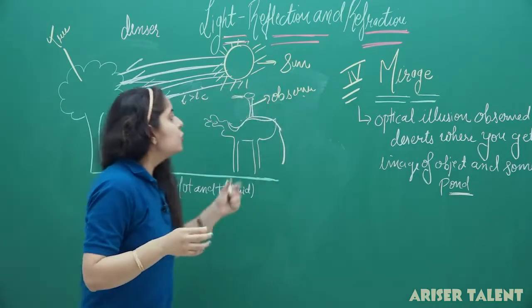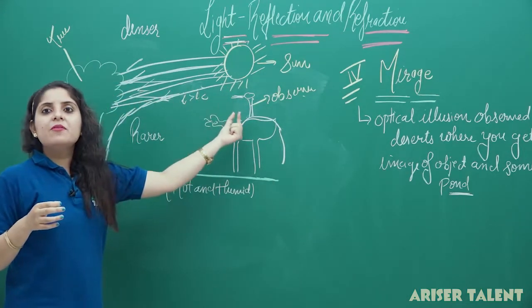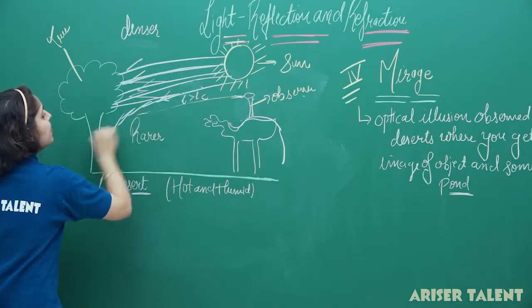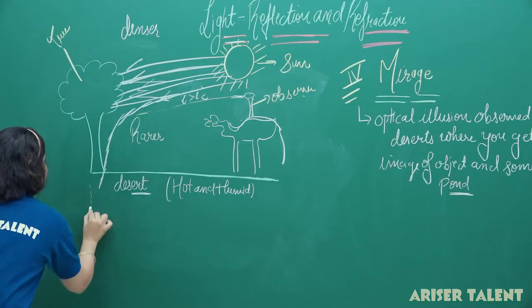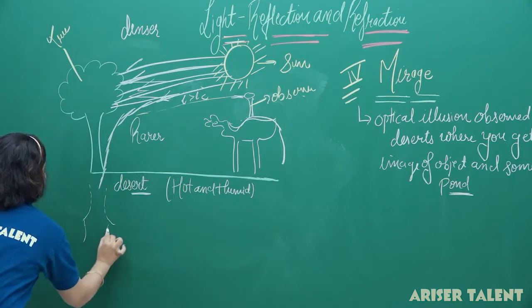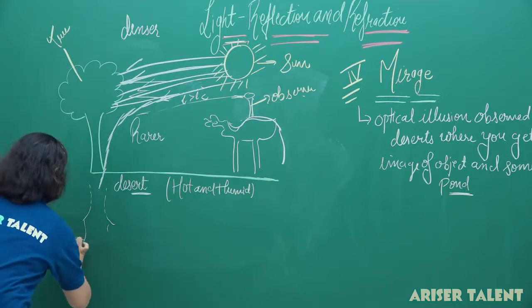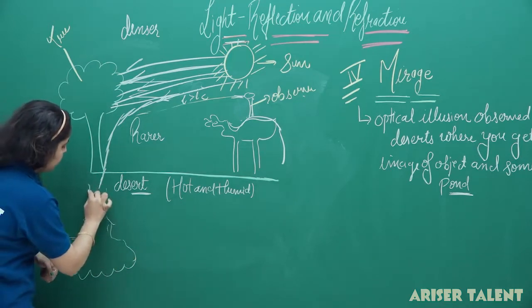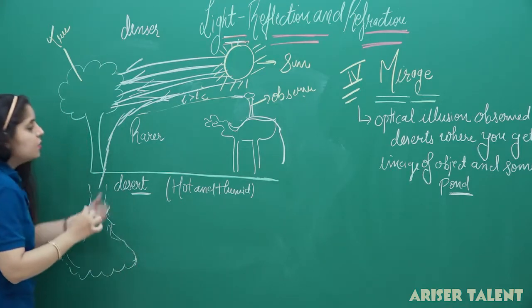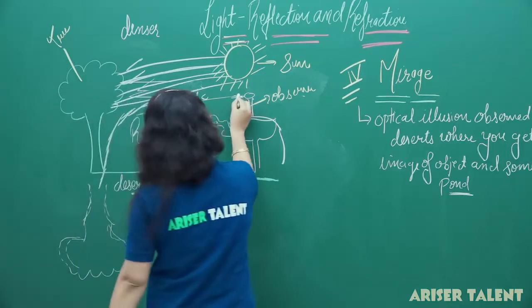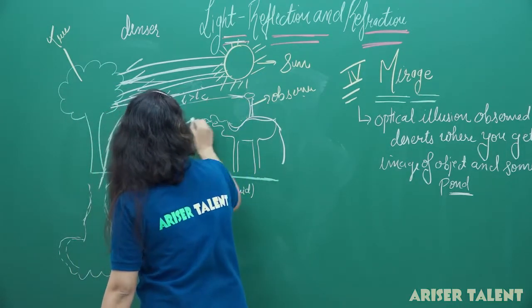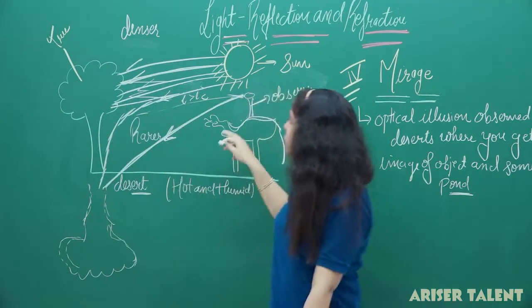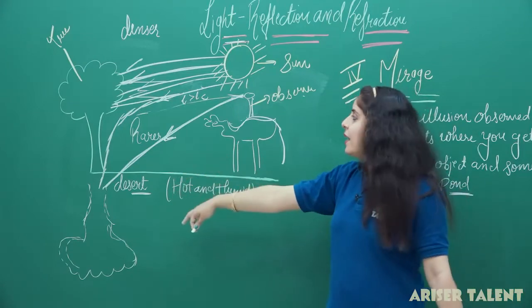So the observer is able to observe this tree in this direction, because the ray is bending this way.